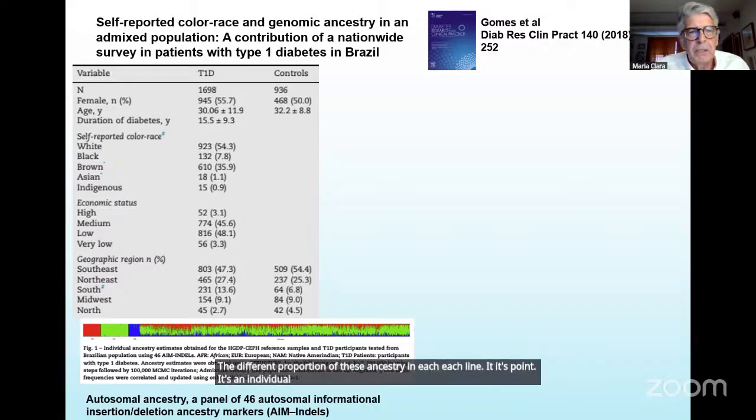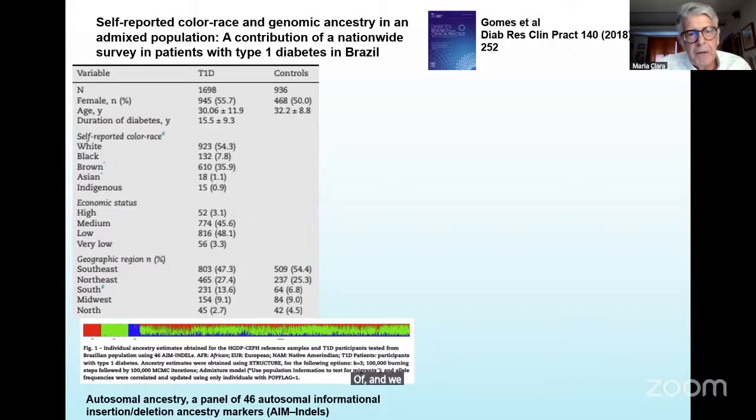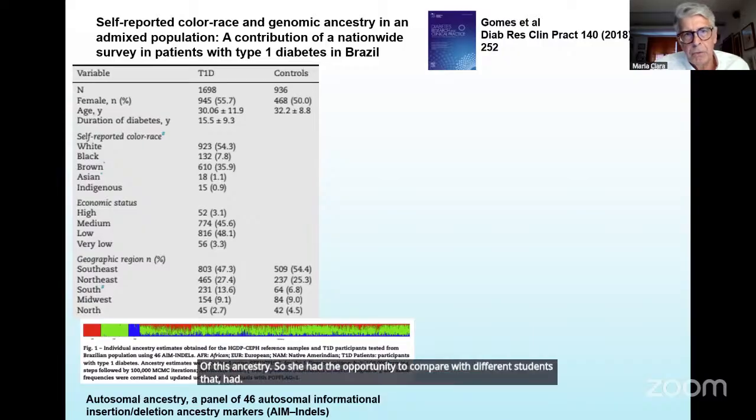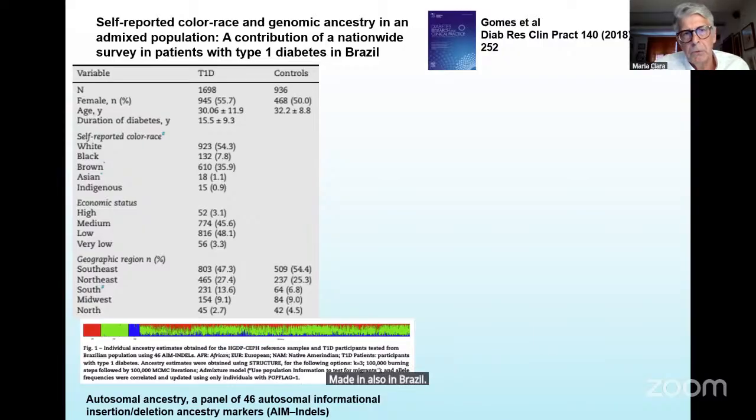So there is a distribution, and we see that many people had a strong percentage of every one of these ancestries. So she had the opportunity to compare with different studies that were also made in Brazil with about 1,000 individuals.